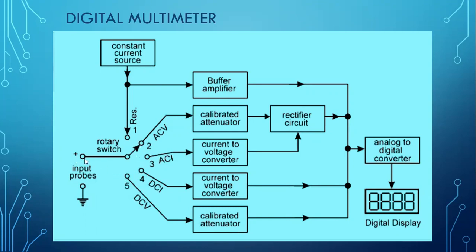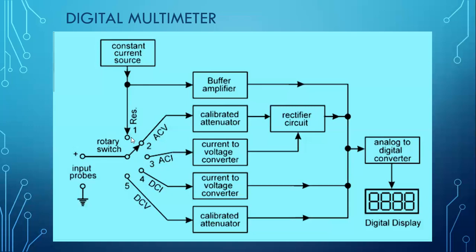So these are the input terminals. This main input terminal can be switched to measurement of resistance, AC voltage, AC current, DC current, or DC voltage by using the rotary switch. We can rotate that switch and connect this common terminal to any of the input circuits.